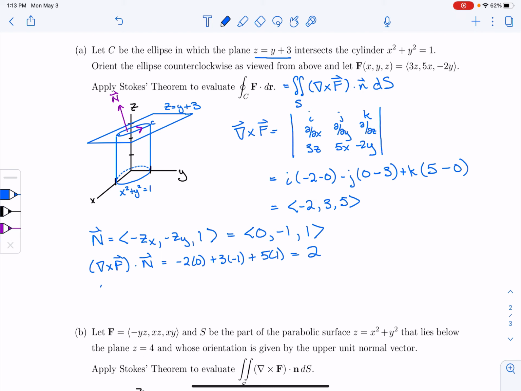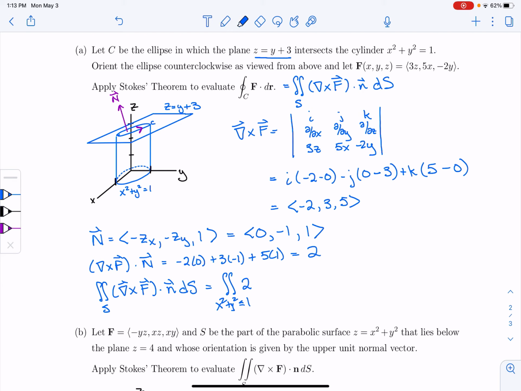So here, when I want to find the surface integral of del cross f dot n dS, that's in fact going to be the double integral of the function 2 over just x squared plus y squared less than or equal to 1, because that's going to be my domain, the unit disk there.